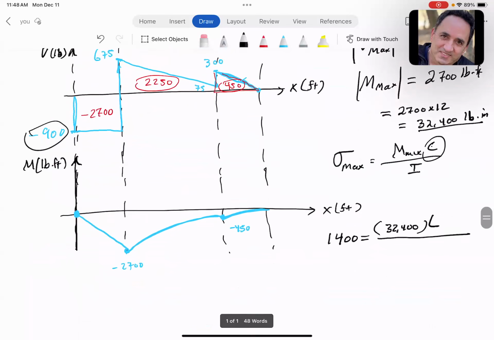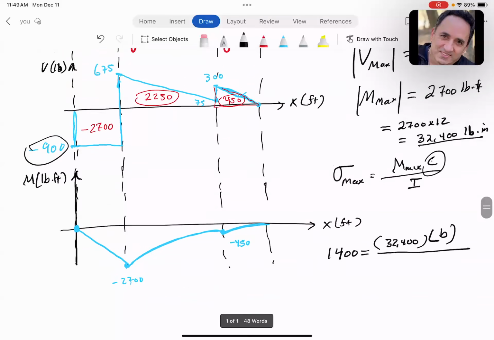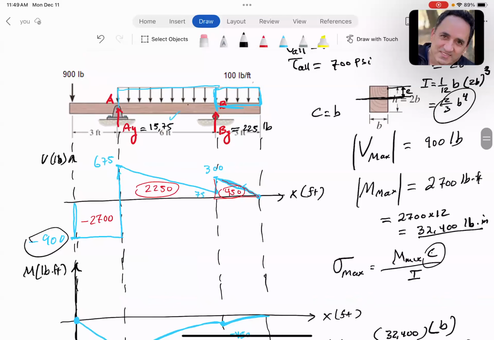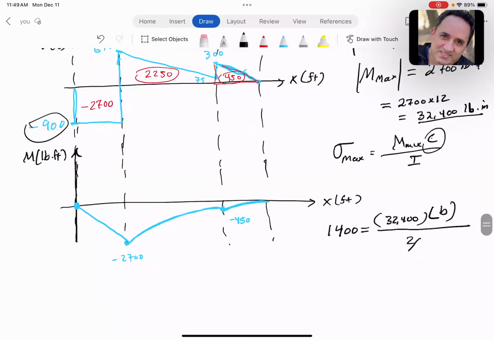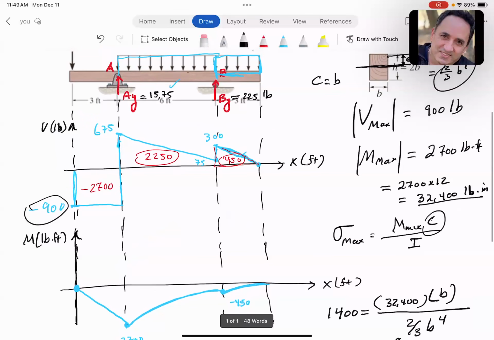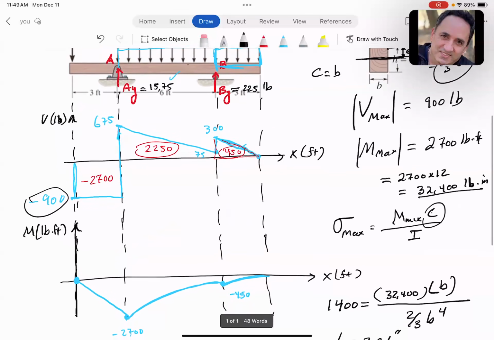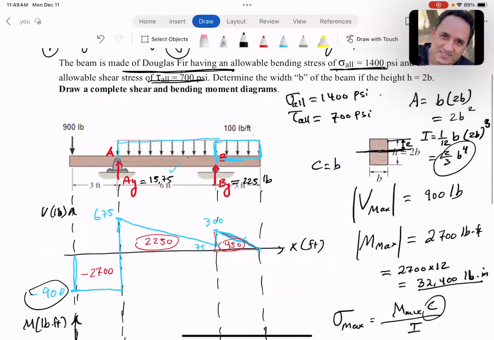So that's B. And what is I? I determined I for you here. 2/3 of B to the power 4. Go ahead, solve for B here. And B happens to be 3.26 inches.